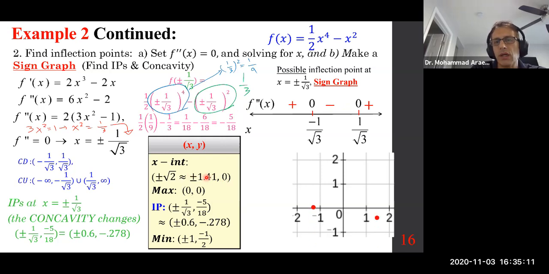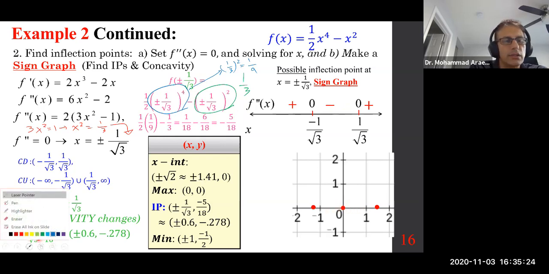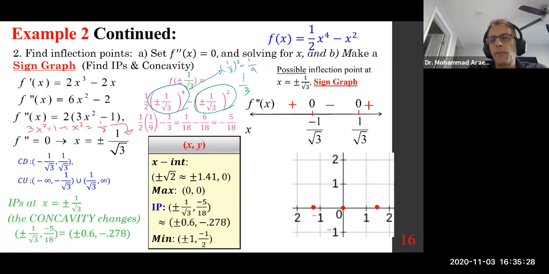So negative and positive. Then we have the maximum that occurs at 0, 0. Okay, and bear in mind that over here, then it can't cross. Do you follow what I'm saying? I can even do this. Okay, so something like that.